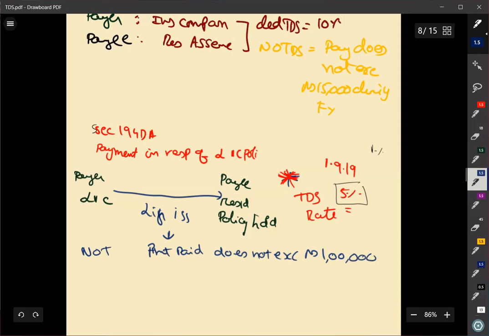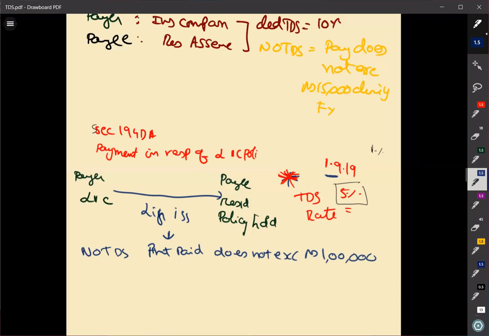In this circumstance, TDS is not required to be deducted as the amount of payment does not exceed 1 lakh. If it exceeds 1 lakh, 5% is the rate of TDS with effect from 1st September 2019. Earlier that was 1%, that has been revised to 5%. That's what is 194DA. Now let us quickly move on to the next section.